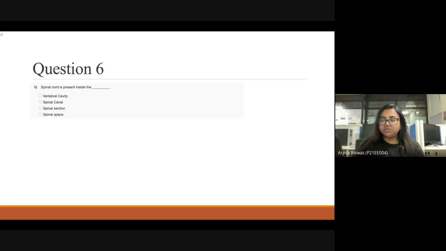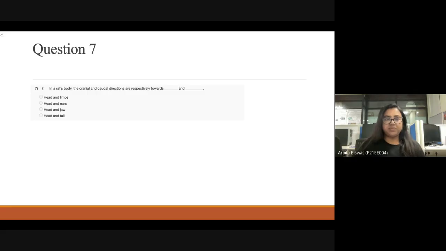So what is the right answer? The right answer is option B, the spinal canal. Okay. So next move toward question number 7.